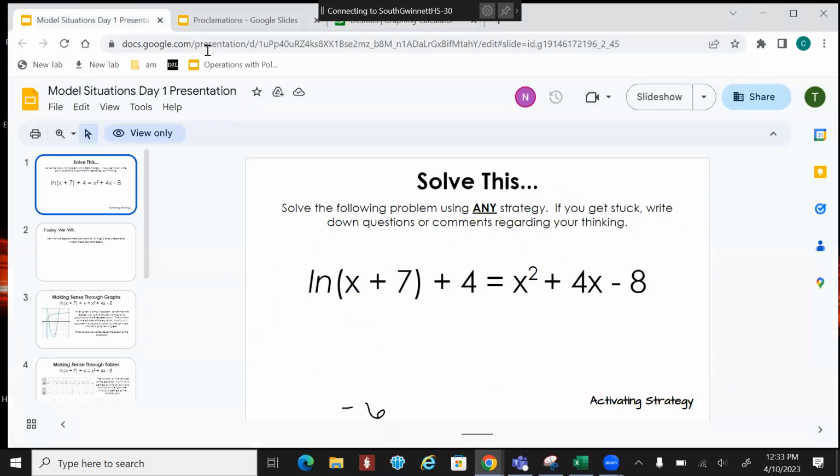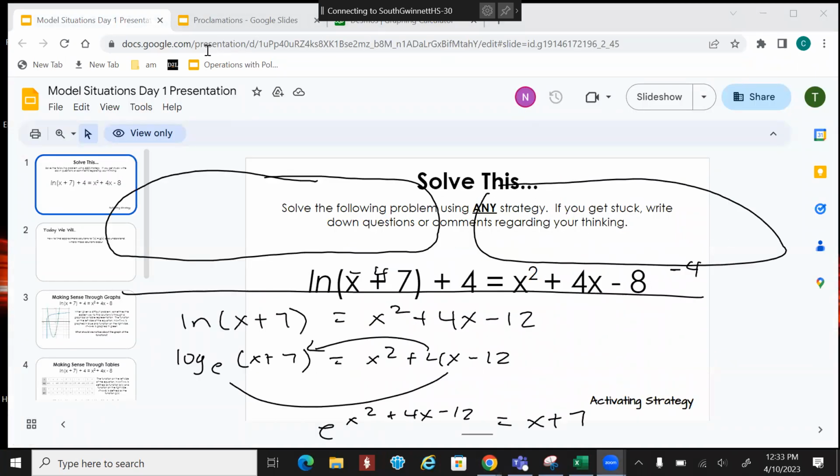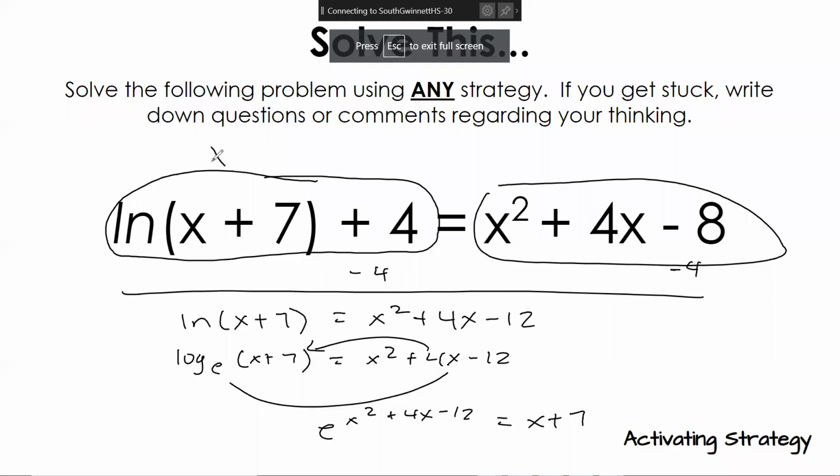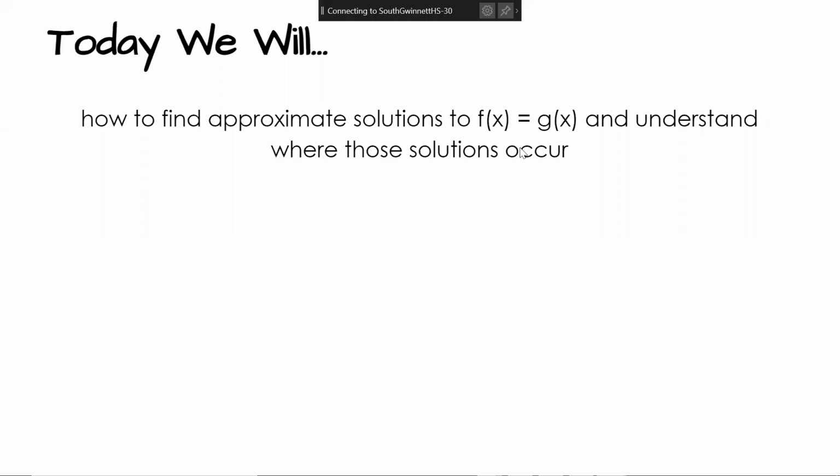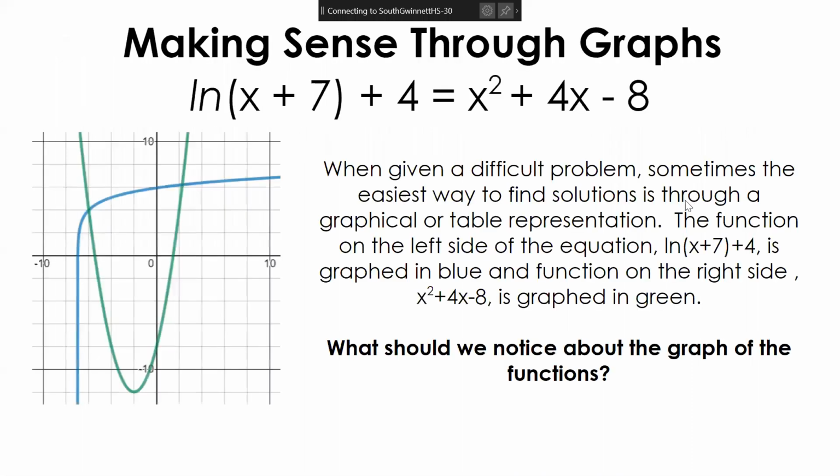Coming back in here, they cross over at x equals -6 and x equals 2.269. And all we did was plug these two things into Desmos and look at where it crosses over. Find approximate solutions for f of x equals g of x and understand where those solutions occur.